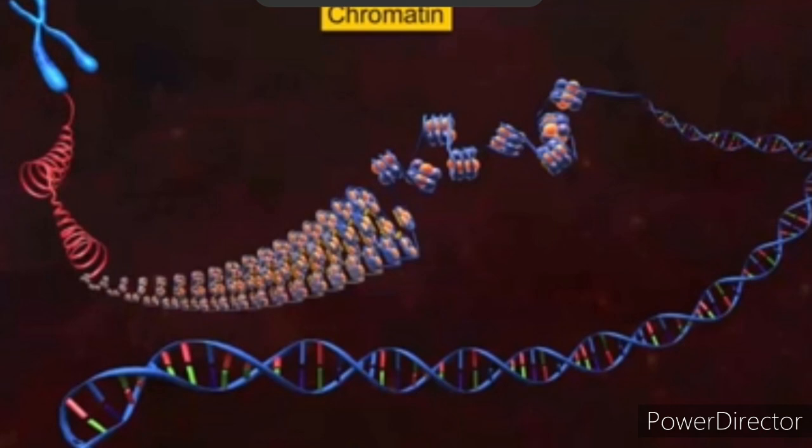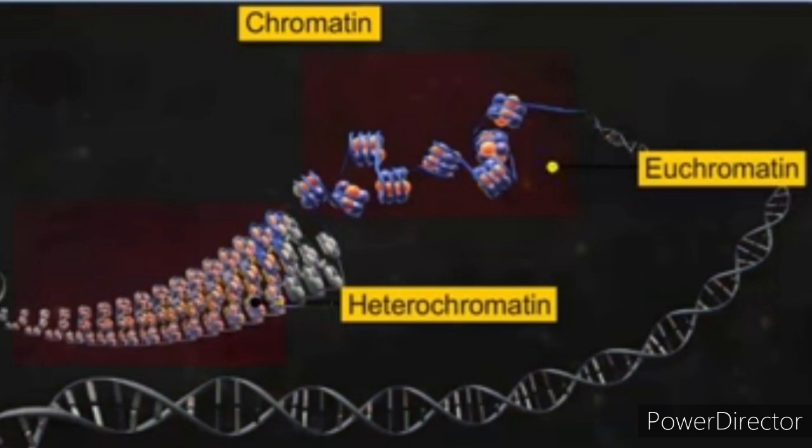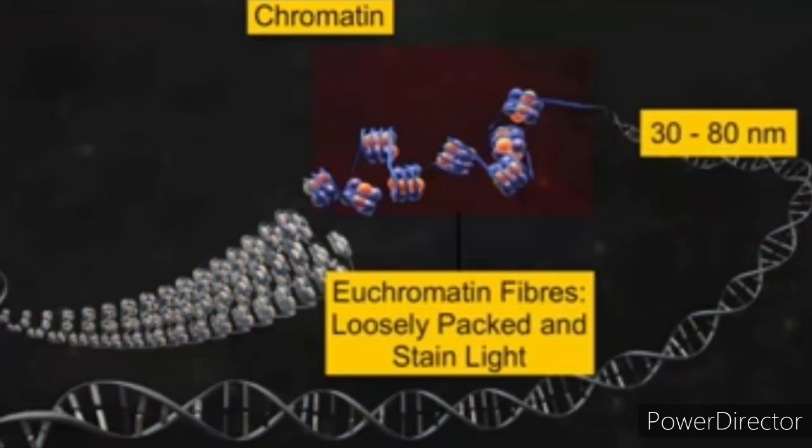In a typical nucleus, some regions of chromatin are loosely packed, stain light, and are active in transcription, known as euchromatin, which is 30 to 80 nanometer.